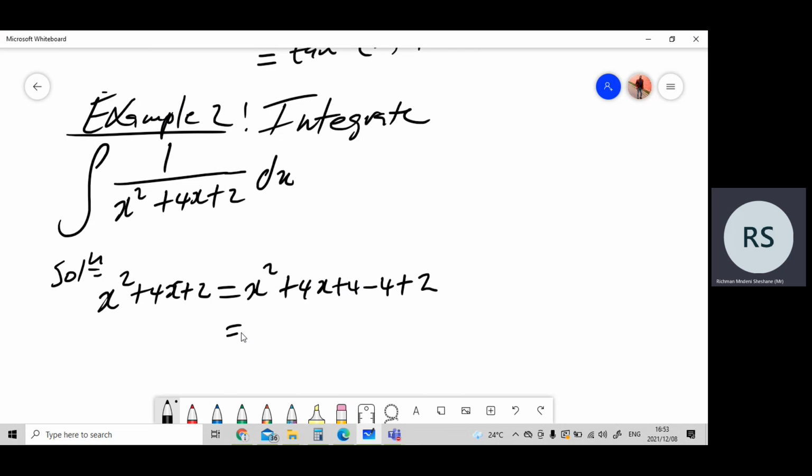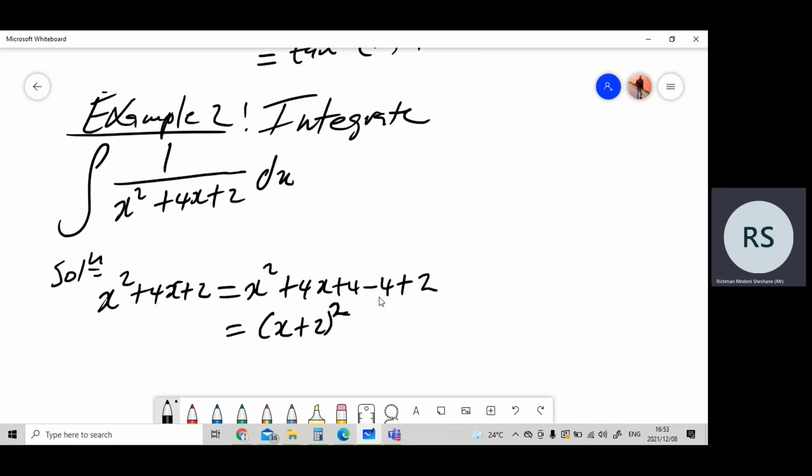But the next thing, you take the first 3 terms and just factorize. The factors of x squared plus 4x plus 4 is x plus 2 squared, okay? So when you factorize these 3 terms, it's x plus 2 squared.